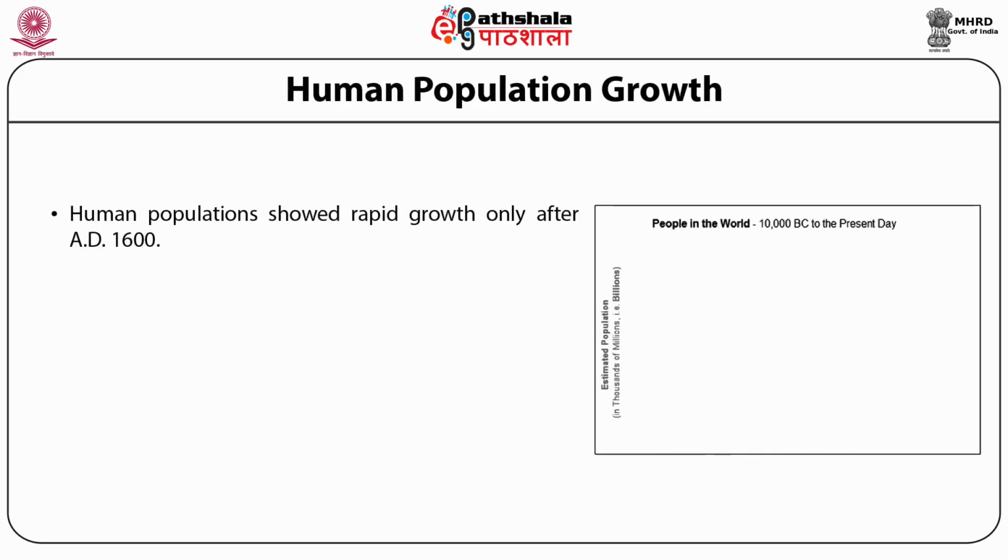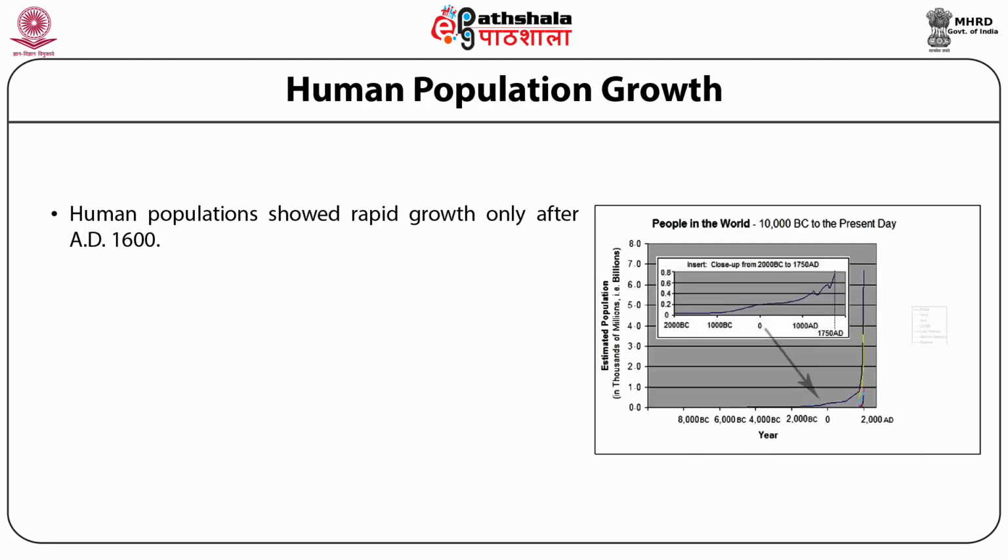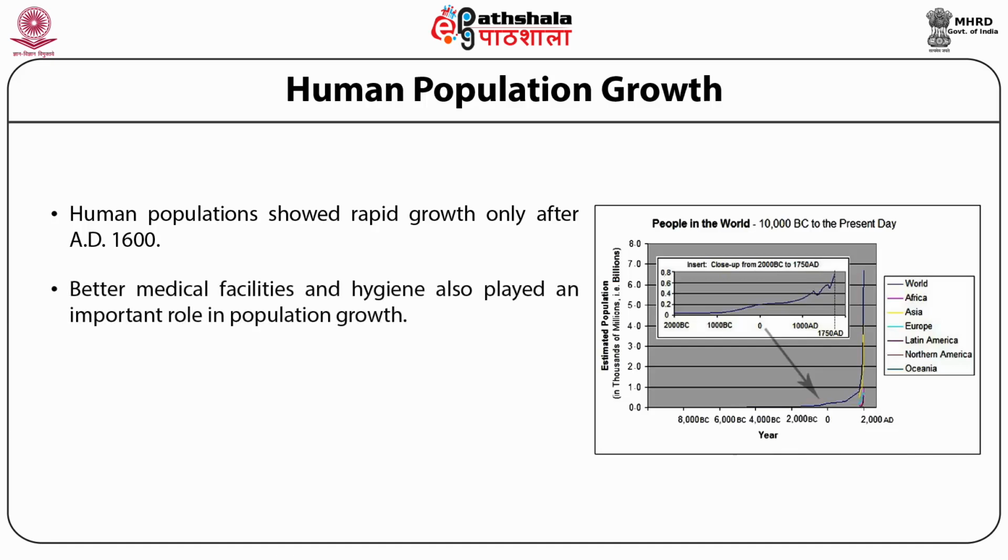Human populations showed rapid growth only after 1600 AD. This was because of rapid growth in the fields of agriculture, industry and power. Better medical facilities and hygiene also played a very important role in human population growth.